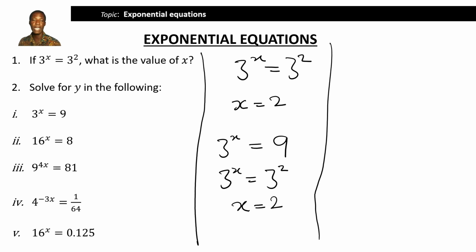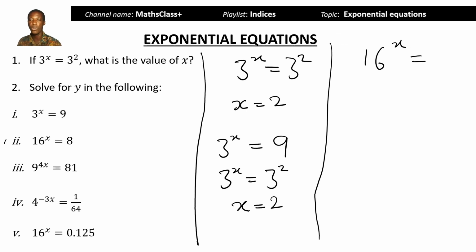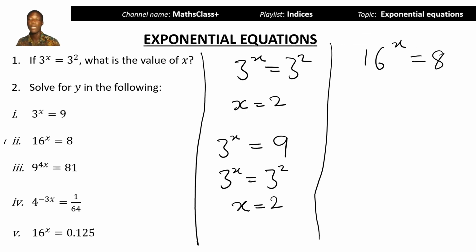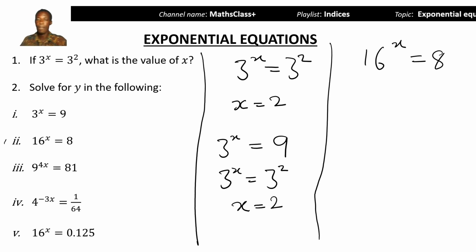Okay, now let's look at the second question. We have 16 to the power x, and we are told that is equal to 8 to the power 1. Okay, so now with this, can we make the bases the same?